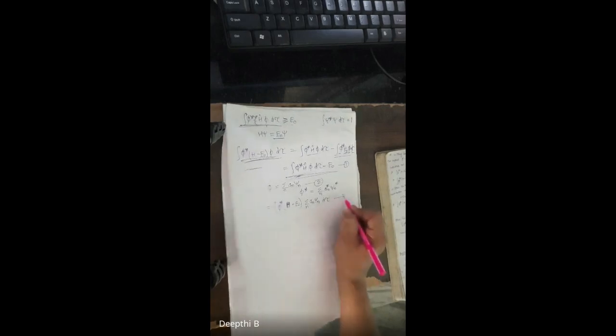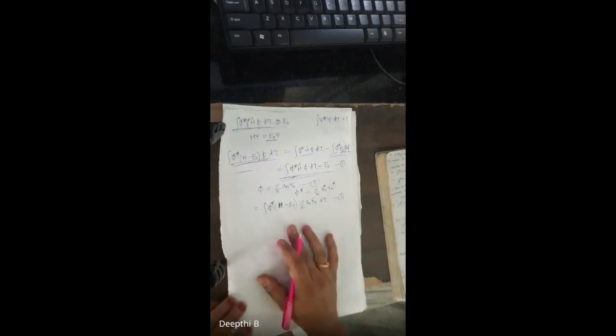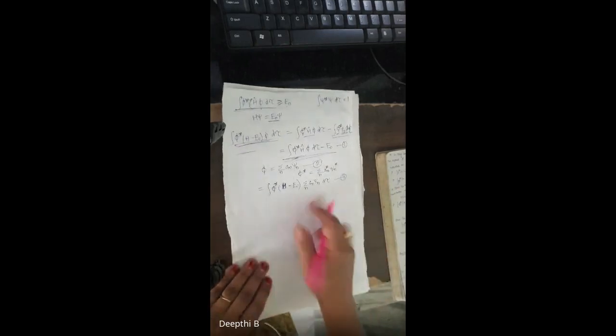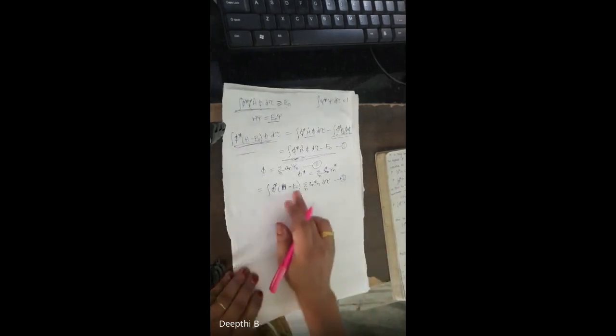This is equation 3. Okay, now again they are taking this equation and solving it. How are they solving? They are putting the phi and phi star values.